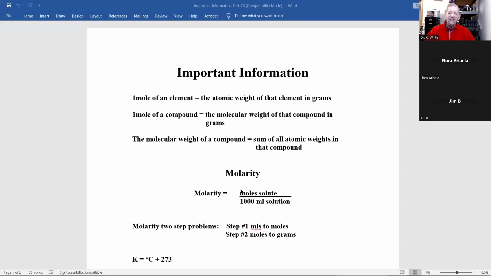Now, in the lecture folder of Blackboard, you'll find a file called Important Information Test Number 3. And in the past, years ago, before I changed my approach, you would have to have memorized all this. Well, guess what? Good news.